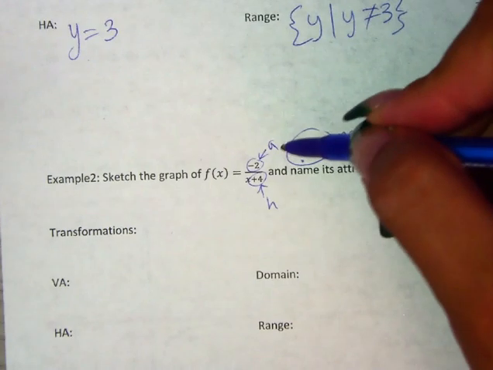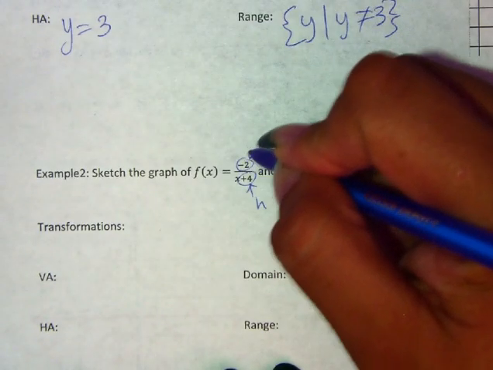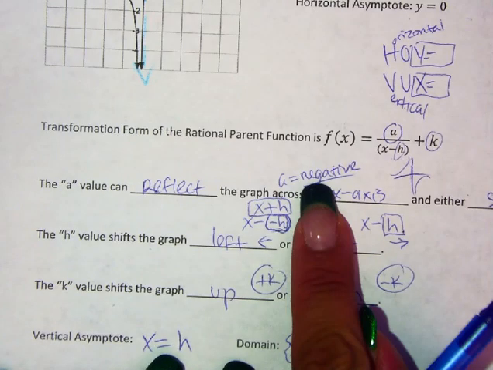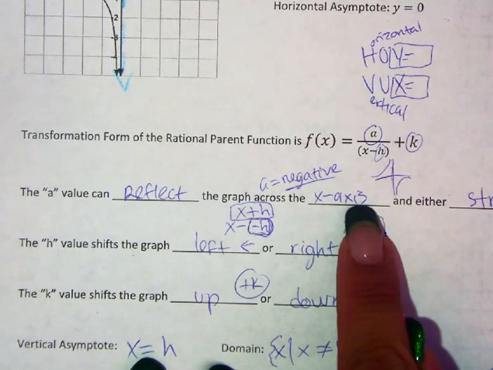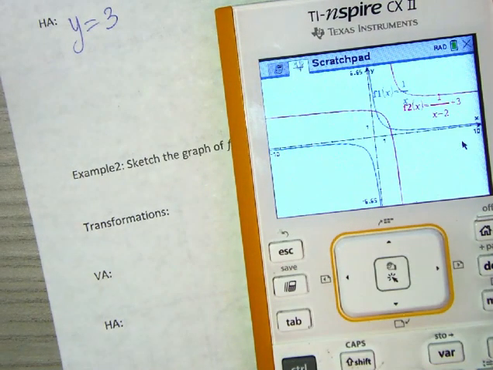The A value is telling us that we are going to have a negative A value, which again, if we look at our notes, when A is negative, we're going to have a reflection across the x-axis. So if we were to graph this, we would have noticed that it reflected. So let me graph that real quick.